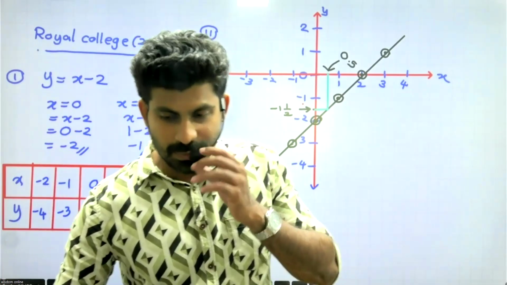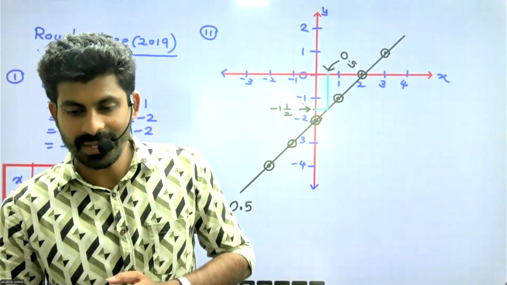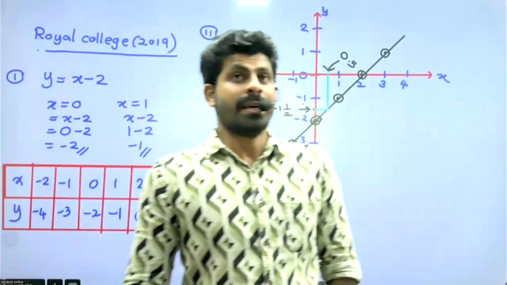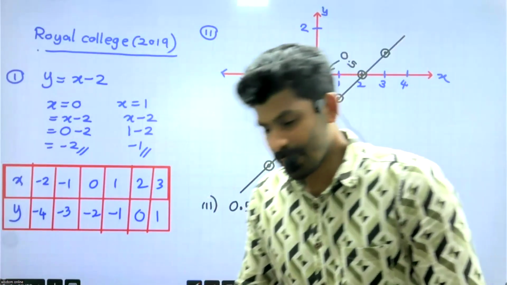Then shall we move to the next one? Question number 3. Write the equation of the straight line which is parallel to the above line. Parallel to a straight line means the gradient is equal.